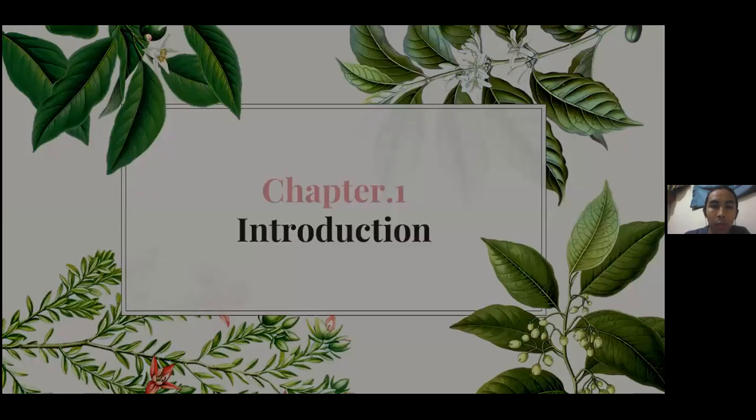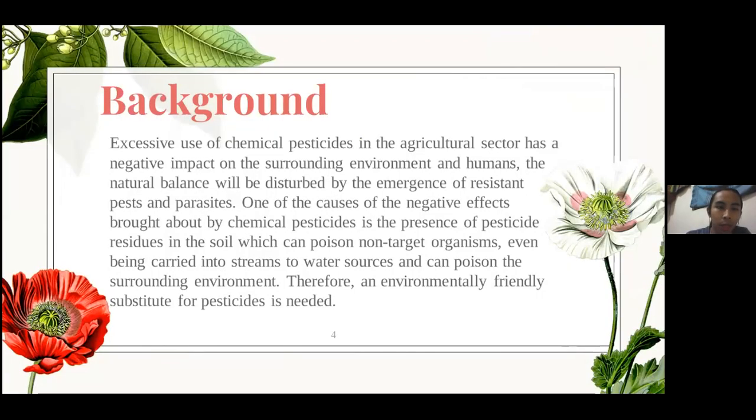Chapter 1 is Introduction, Background. Excessive use of chemical pesticide in the agriculture sector has a negative impact on the surrounding environment and humans. The natural balance will be disturbed by the emergence of resistant pests and parasites.